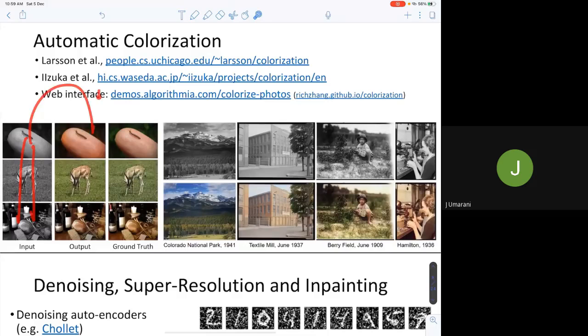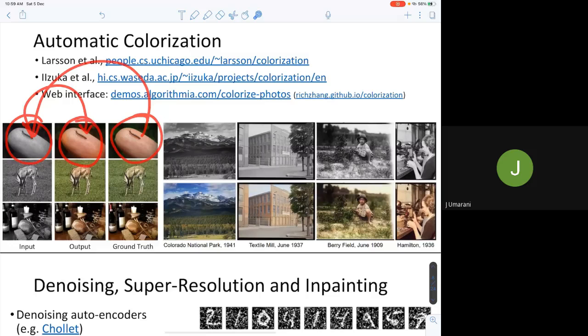Or I have an image like this, I converted it into grayscale, and from this grayscale, if I convert it using some automatic algorithm to this, you can see how well I can generate a colorized image out of this, and how close they are in the colorization.